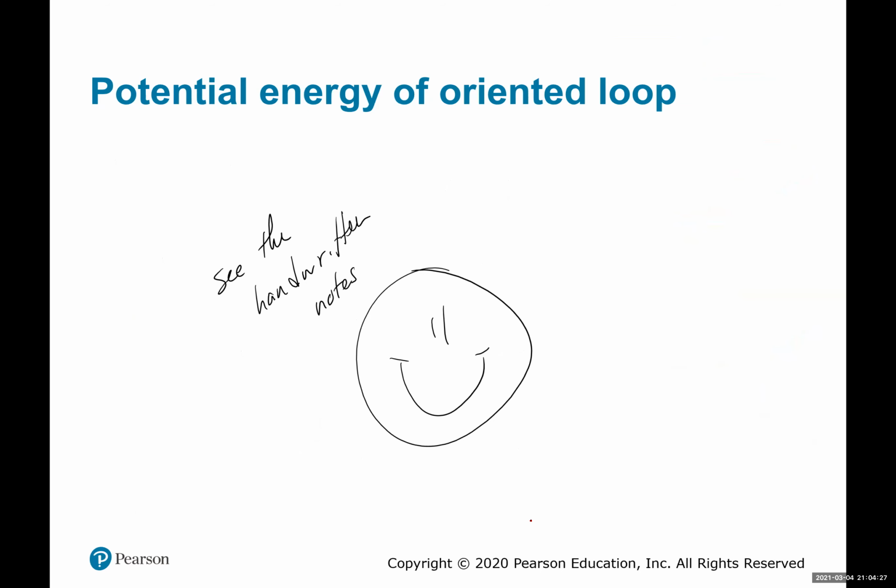We have a loop, or a dipole oriented in an external field. Now, if we positioned the dipole in a particular way and then let go, the field would exert a torque and the thing would rotate.